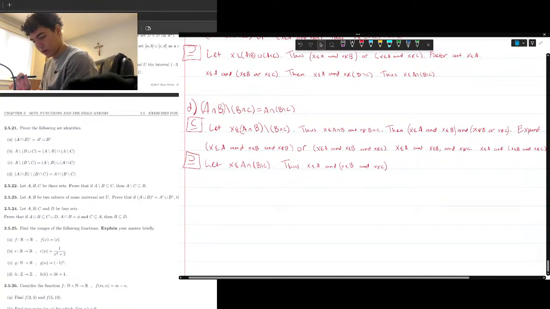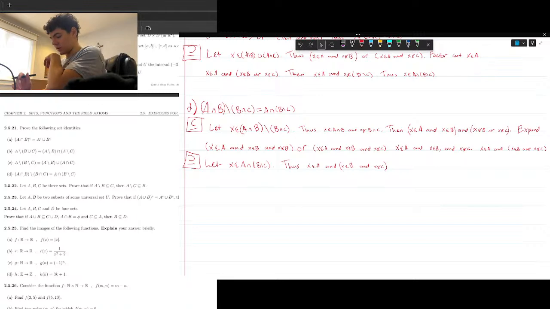So what am I trying to do? A intersection B and B intersection C. Okay, I guess let's expand.